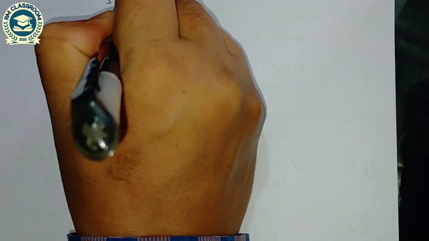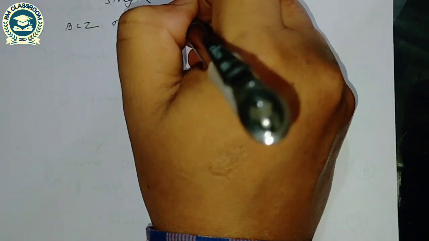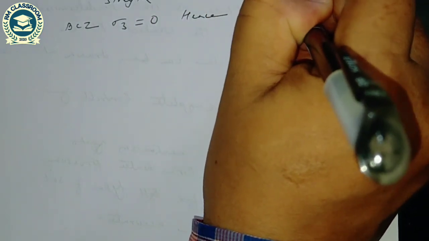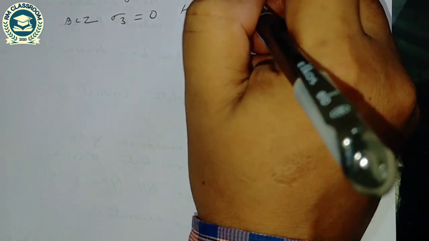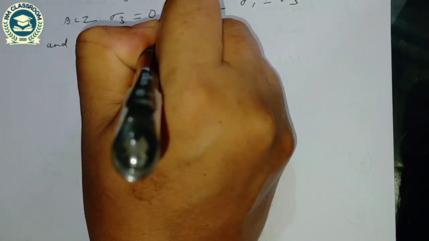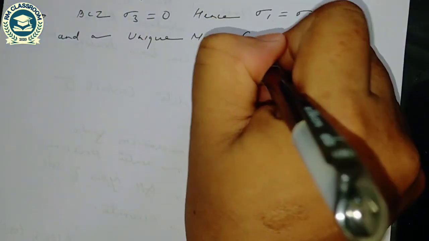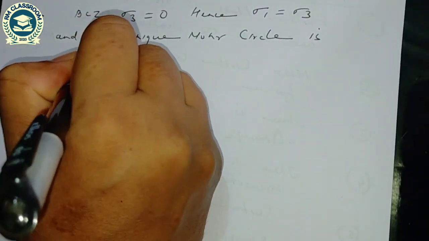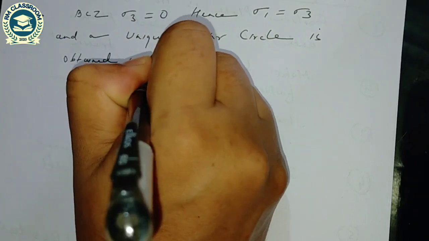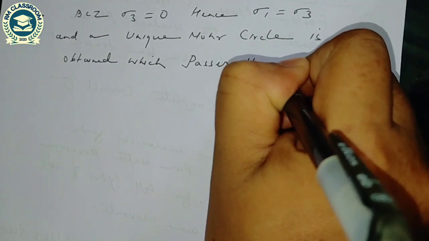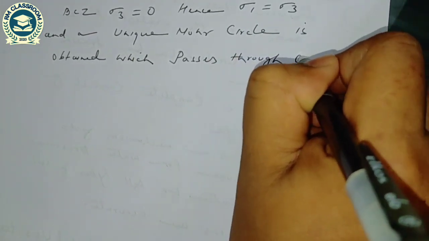Because sigma 3 is 0, hence sigma 1 is equal to sigma d, and a unique Mohr circle is obtained, which passes through origin.